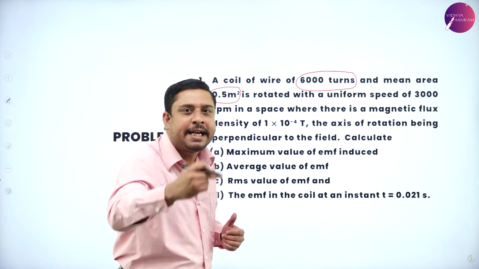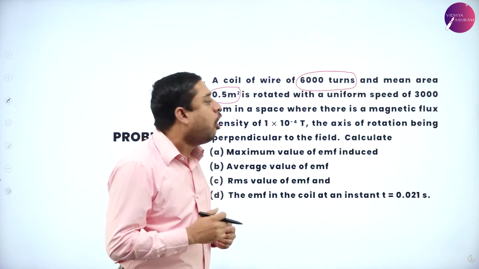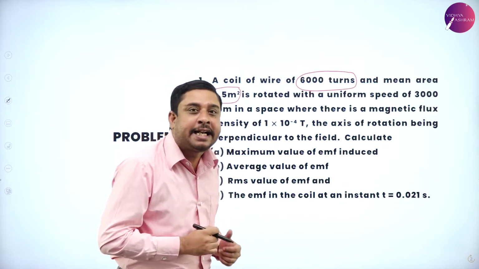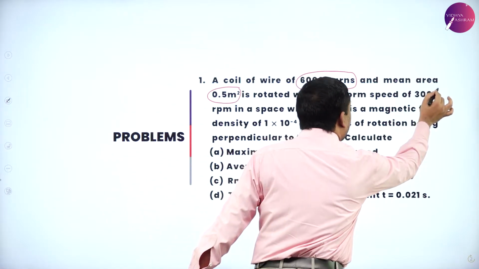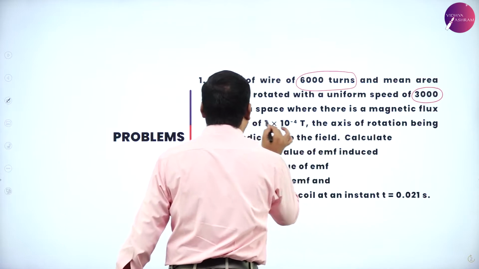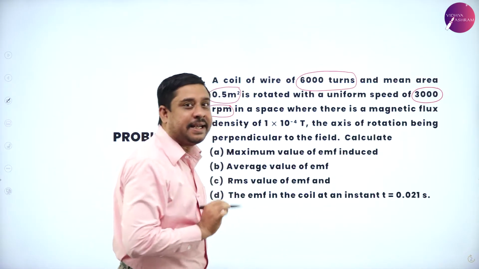It is rotated. The coil is rotated with a uniform speed of 3000 rotations per minute.